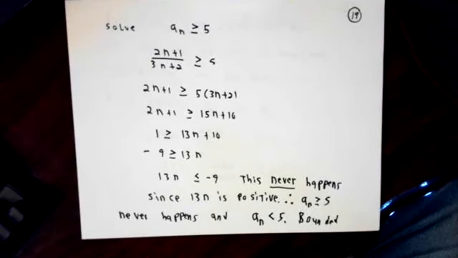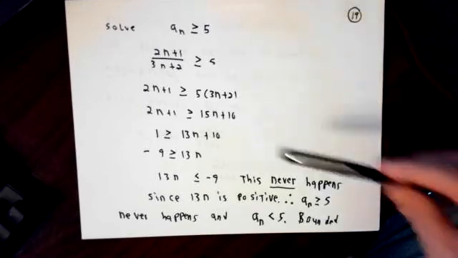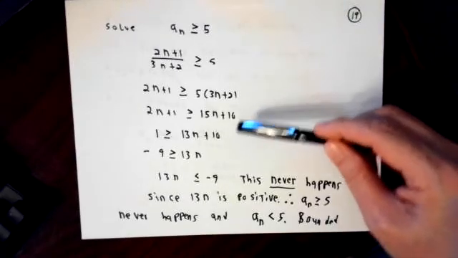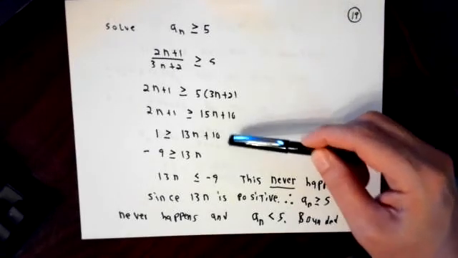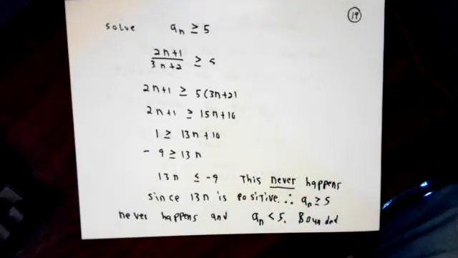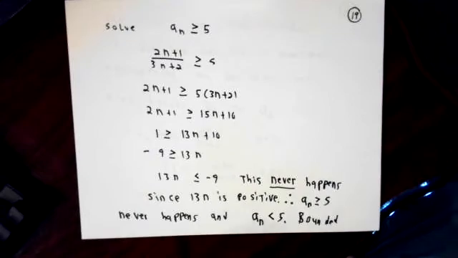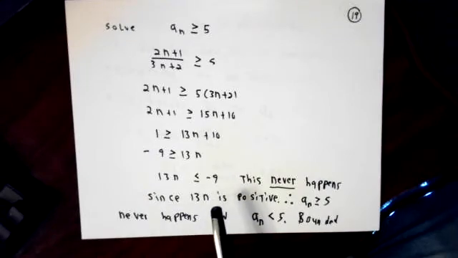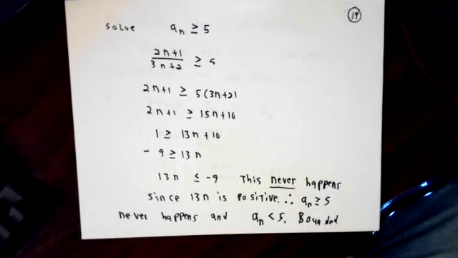3n plus 2 is positive. You can multiply both sides of the inequality by that positive number. Simplify. Simplify some more. Negative 9 needs to be bigger than or equal to 13 times n. That means 13 times n has to be less than or equal to negative 9, and that never happens because n is positive.